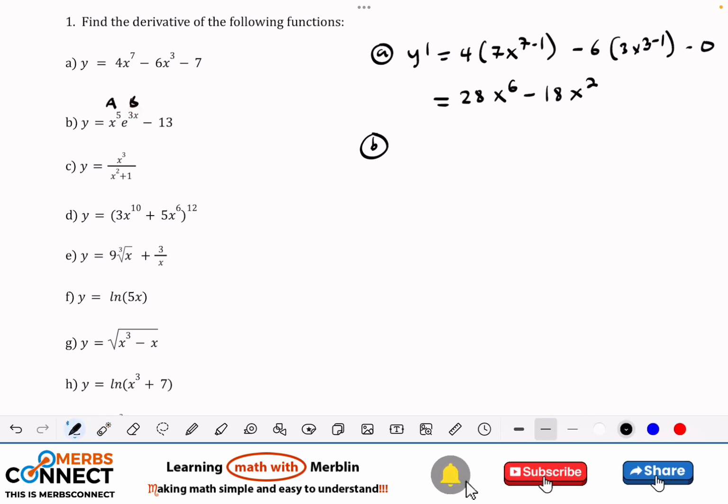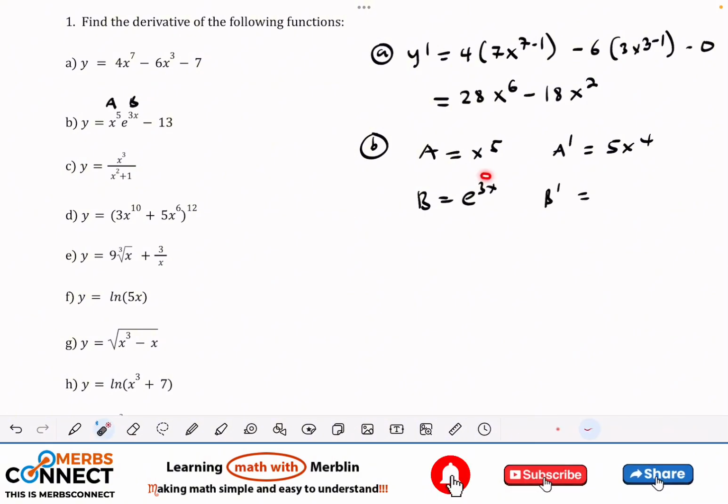Based on that, we need to use the product rule. So a is equal to x to the power 5, b is equal to e to the power 3x. What is a prime? Using the power rule, we get 5x to the power 4. We know how to use the power rule.